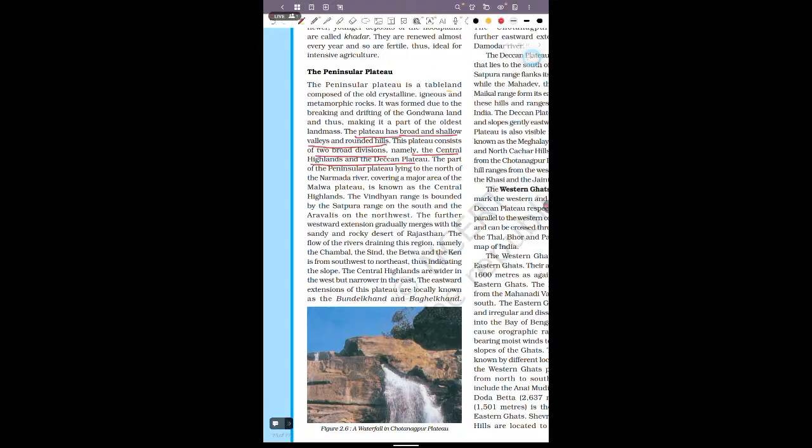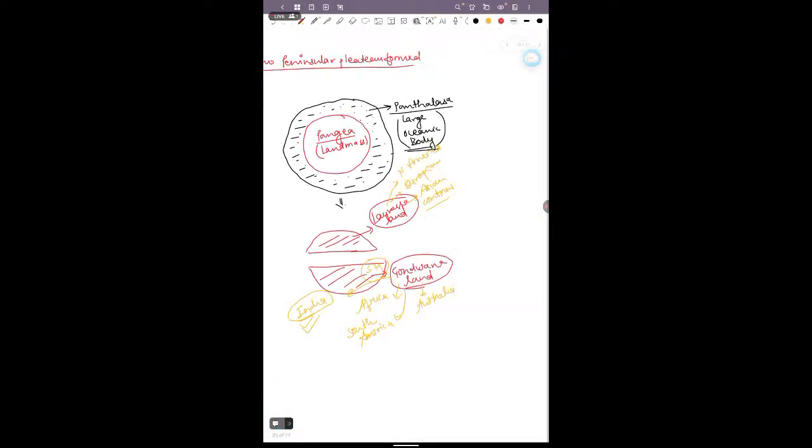If you see the map of India, this region is the Central Highland, located in the middle of the Indian subcontinent, and this region is the Deccan Plateau.